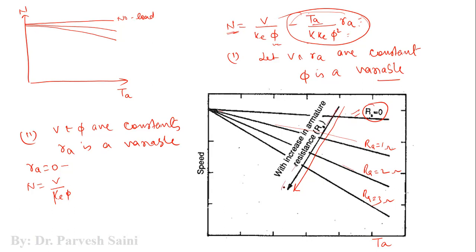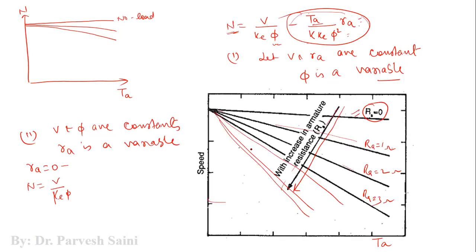So for every increase in armature resistance, the speed of the DC motor will decrease with the increase in torque, right?